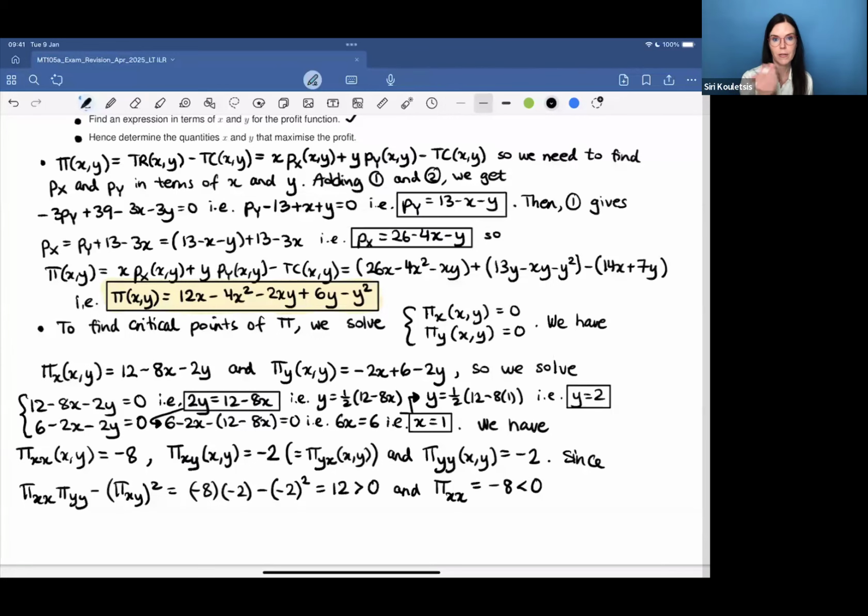And so positive Hessian together with pi xx being negative means that indeed the profit is maximized when x equals 1 and y equals 2. It is in fact a global maximum for the profit function.